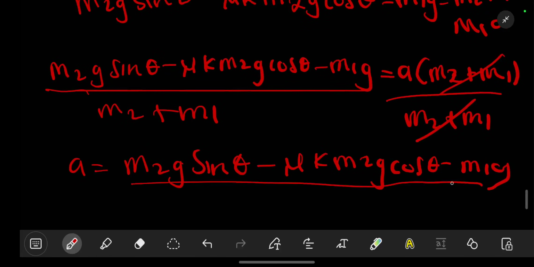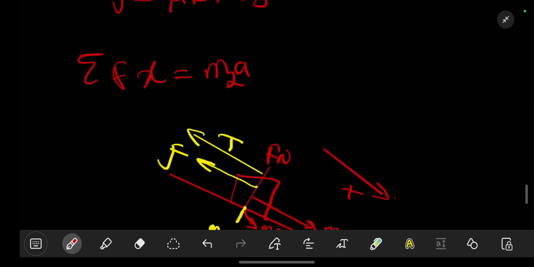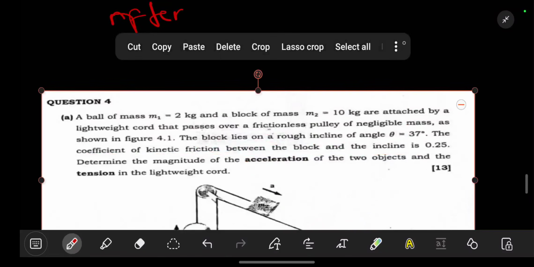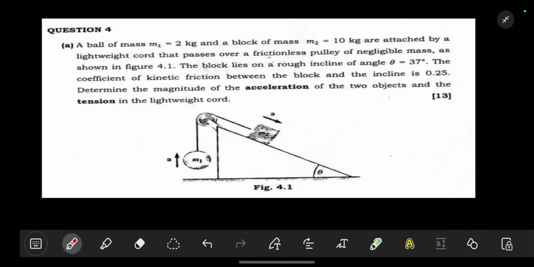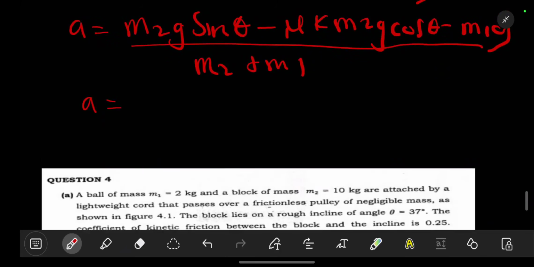From here, now just substitute. What details do we have to substitute? Yeah, so we can now substitute. Our m2 is equal to 10, our g is 9.8, so let's use brackets, 9.8, then the sine of our theta, which is 37 degrees, minus our mu k.